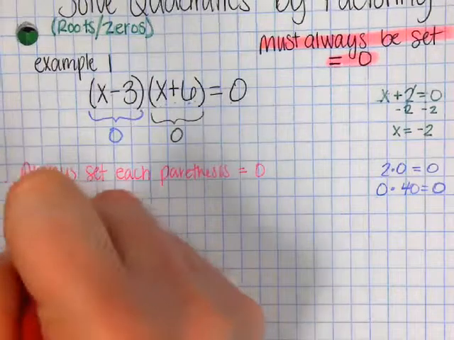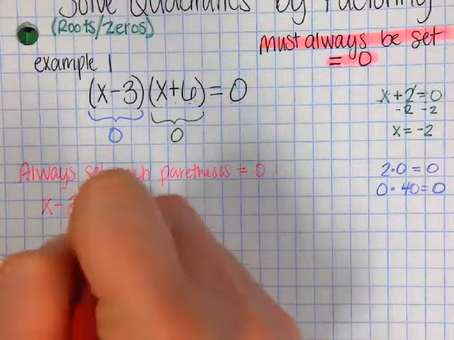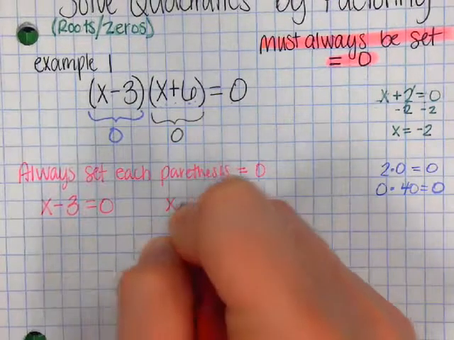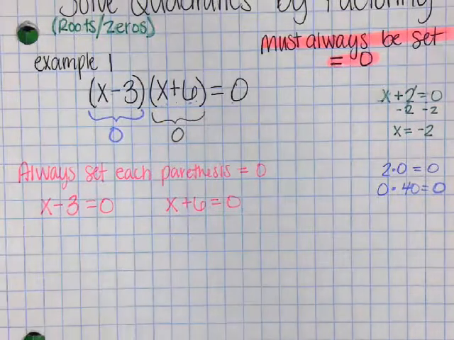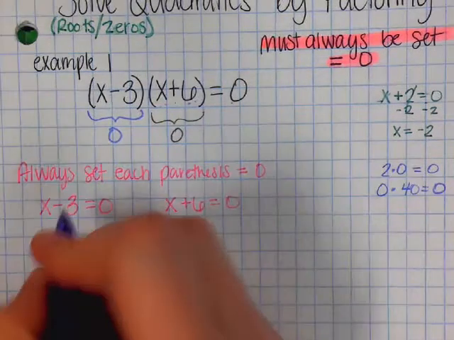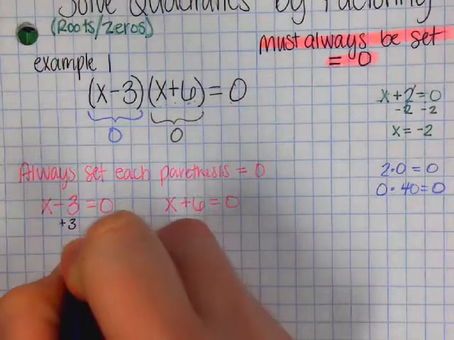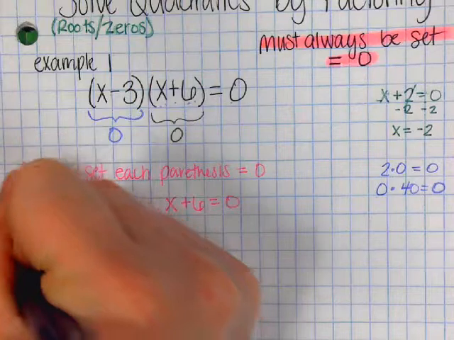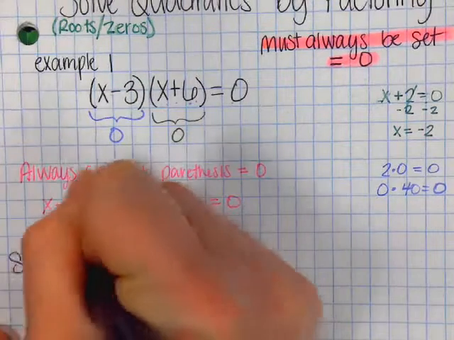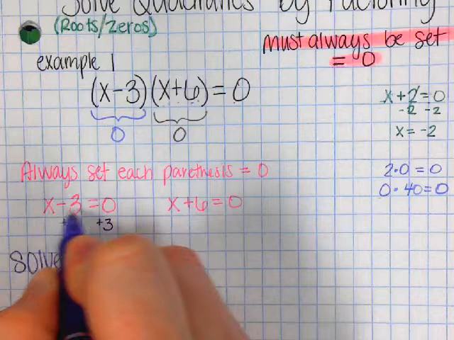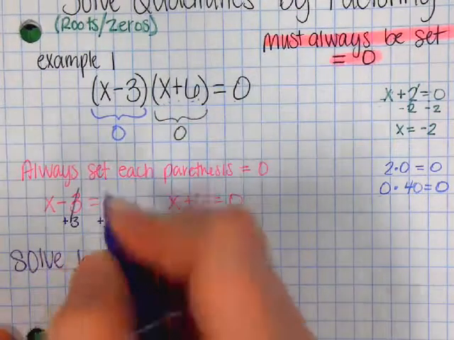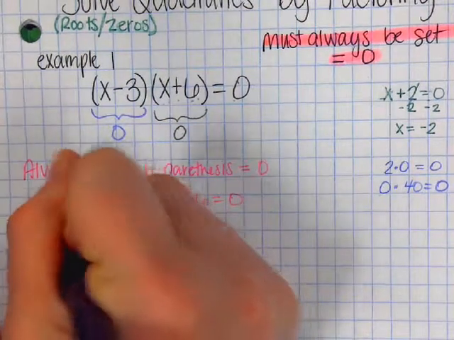So if I take this first parentheses, x minus 3 equals 0, and x plus 6 equals 0. Then I'm going to just solve both. So I added 3. 0 plus 3 is 3.